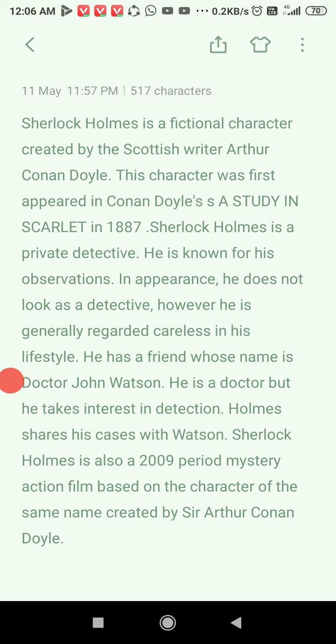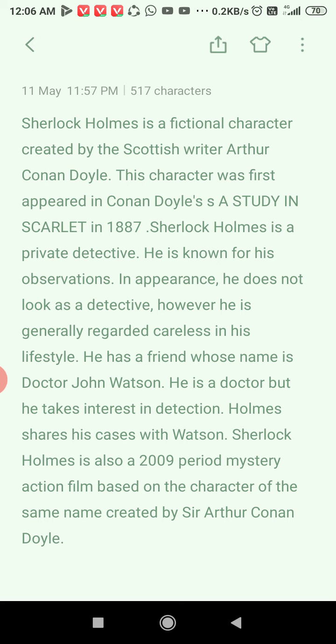He is known for his observations, means he is very good at observation. Whatever things he watches in his daily life, he can tell about those things, like who is the owner of this thing. So he's a good detective. And if we talk about his appearance, he does not look like a detective, okay.